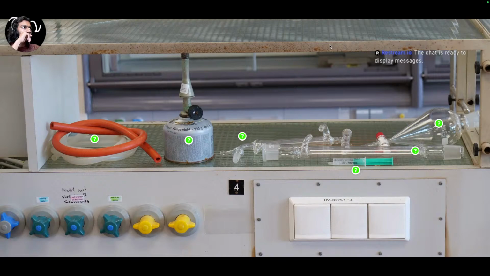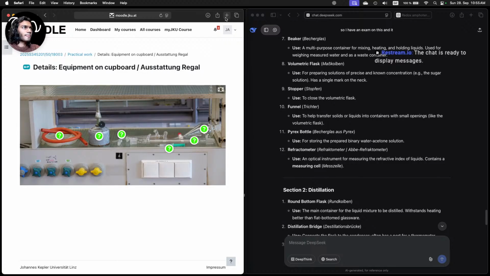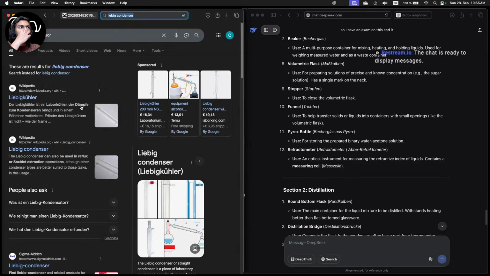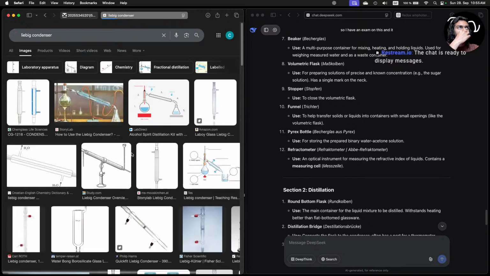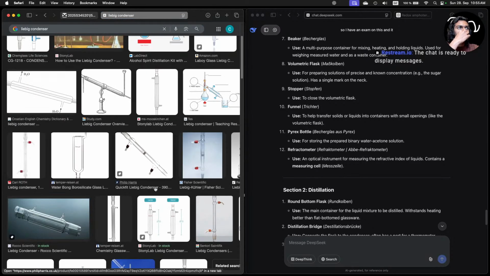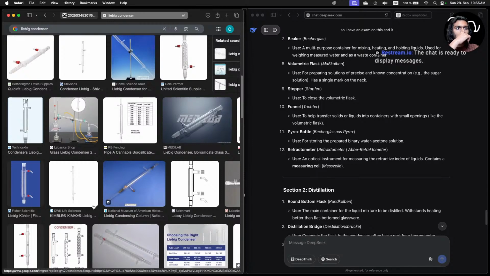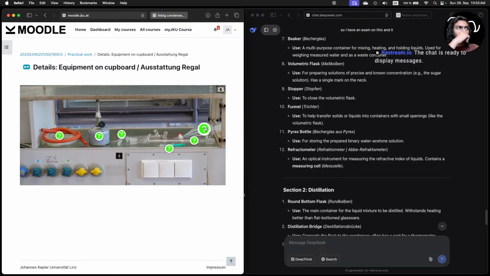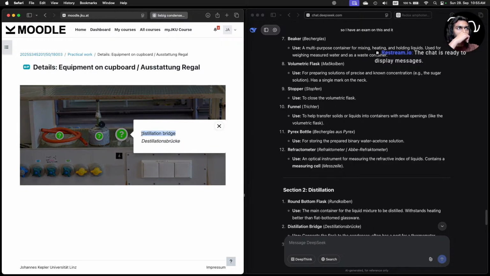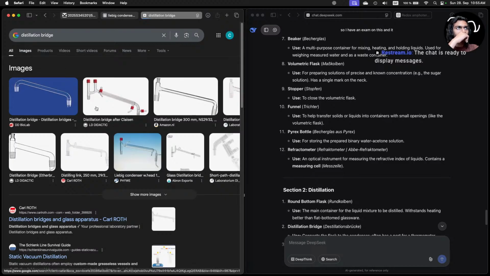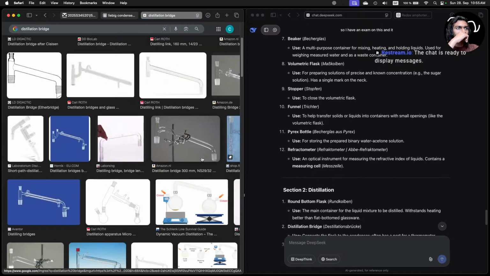Baby condenser, you know? What? These look so different.